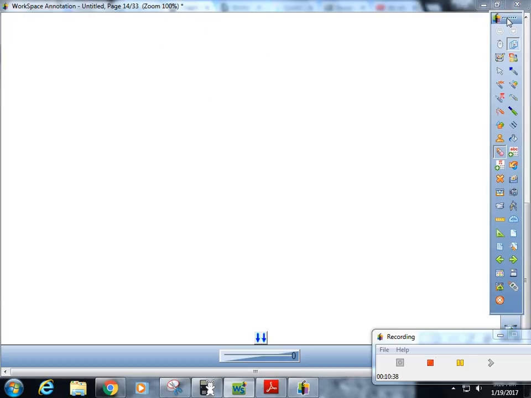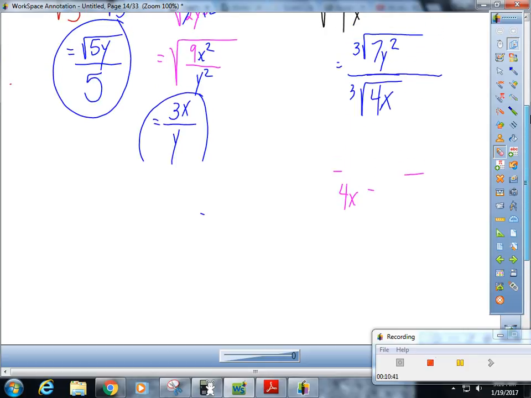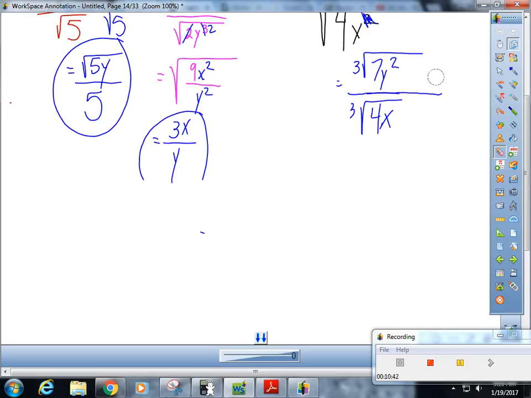All right, now look, when you get rid of a square root, you multiply by a square root over a square root. We've done that before today. We did that over here. Remember that? Okay, when you get rid of a cube root, you got to multiply by that thing twice because it's cubed now.